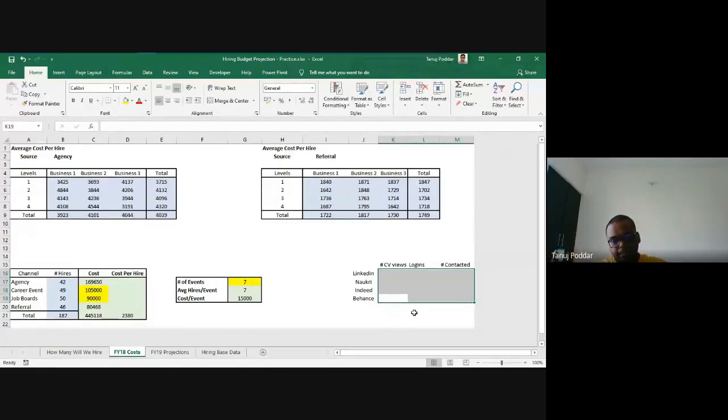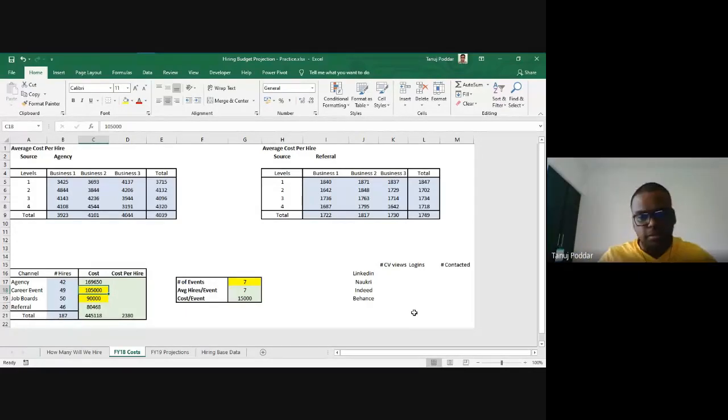You first pay them, and you can use the number of logins they give you, or utilize the balance you get in terms of CV views or the number of people you are contacting. So typically, this is a value that will come before the year starts. So you'll have a budget you're looking at, though it is still based on certain averages: what is the average cost that you are going to incur on these.